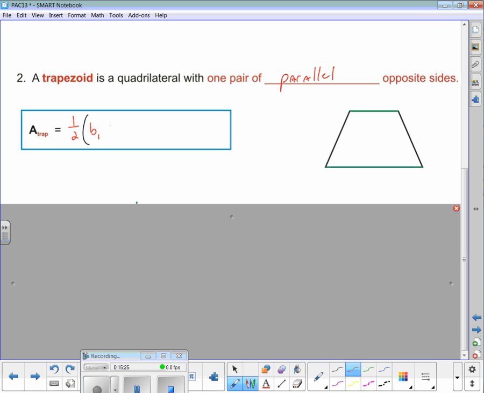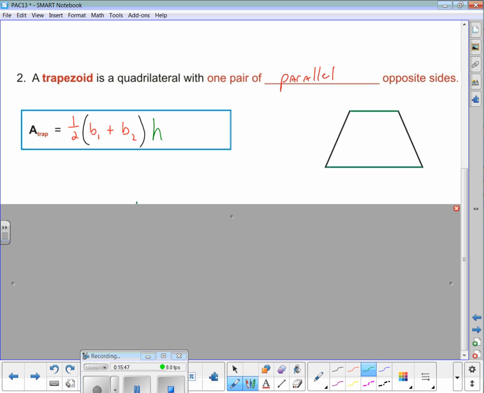We then have a plus sign, b of 2. That's base 1 plus base 2. And then finally, times h. And h, of course, would be the height.